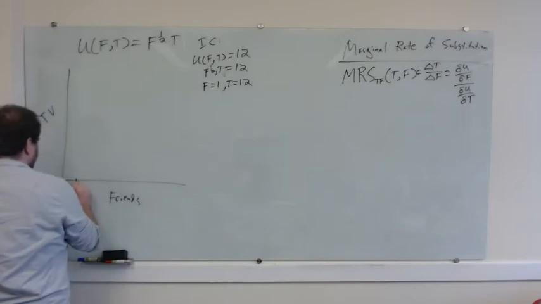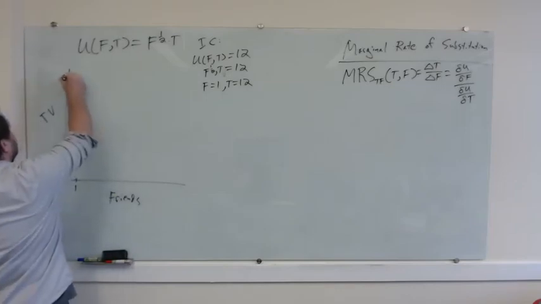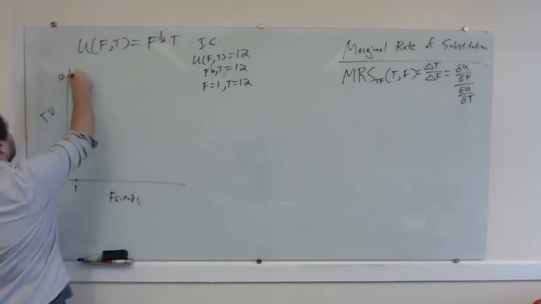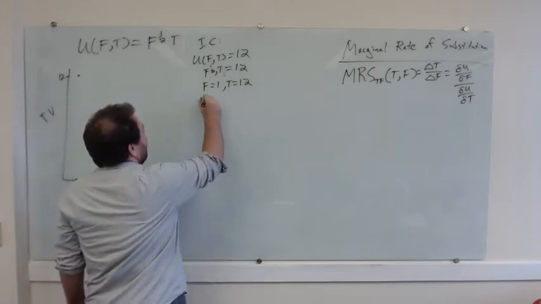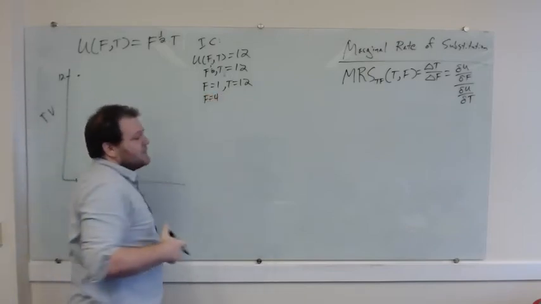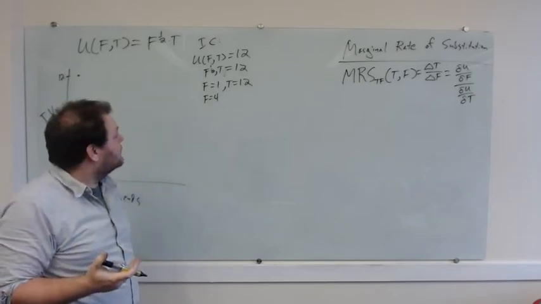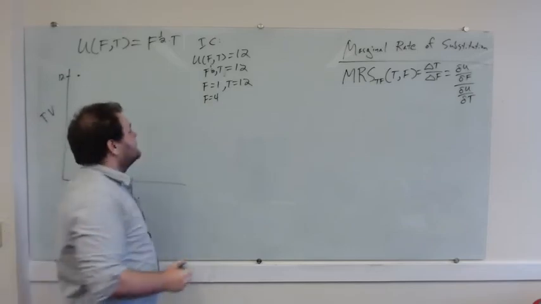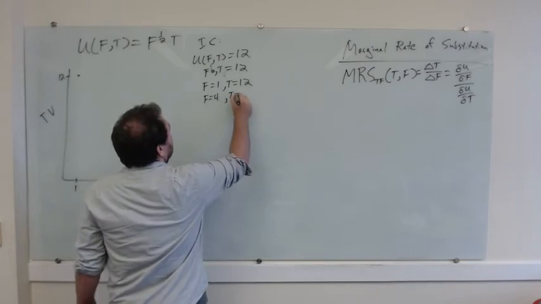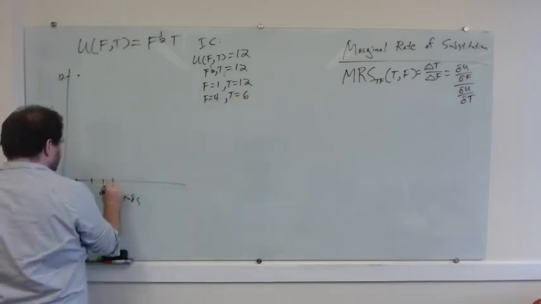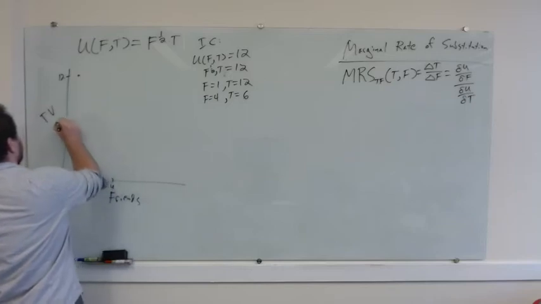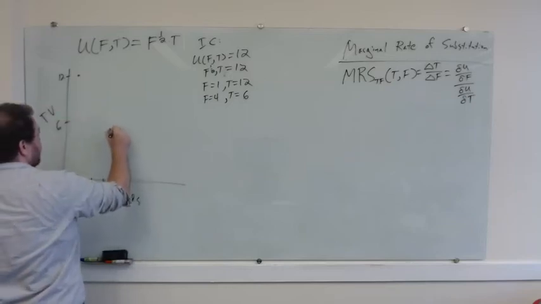That's definitely a point, this one here. We could have, let's say, f equals 4, so that f to the 1/2 equals 2. And then t would have to equal 6. There's another point there.